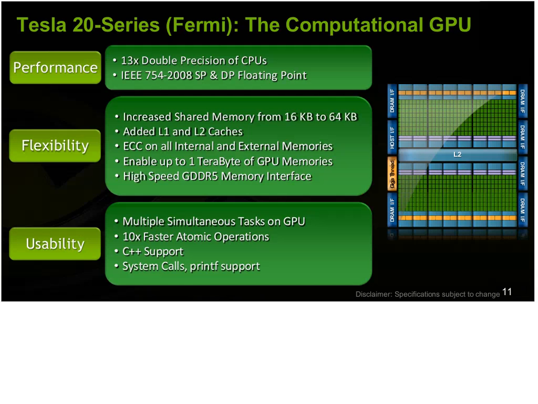So what does a modern GPU look like? Well, today, a modern GPU, this is a hard graphic to view, but each of those individual green boxes is a compute unit. It's able to do a floating point and an integer operation at the same time. It's clocked at 1.5 gigahertz.